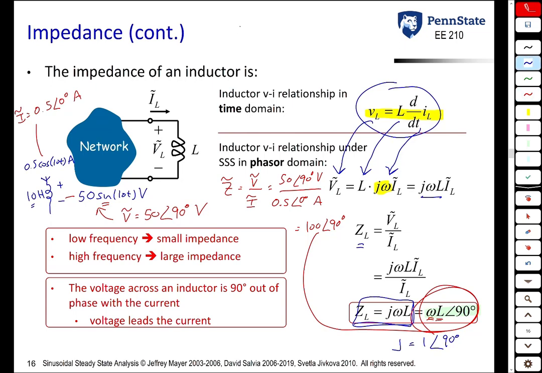If we wanted to plot the voltage current relationship in this case, the current is a cosine. So this is i of t. Let's look at the voltage. The voltage is going to be a negative sine.